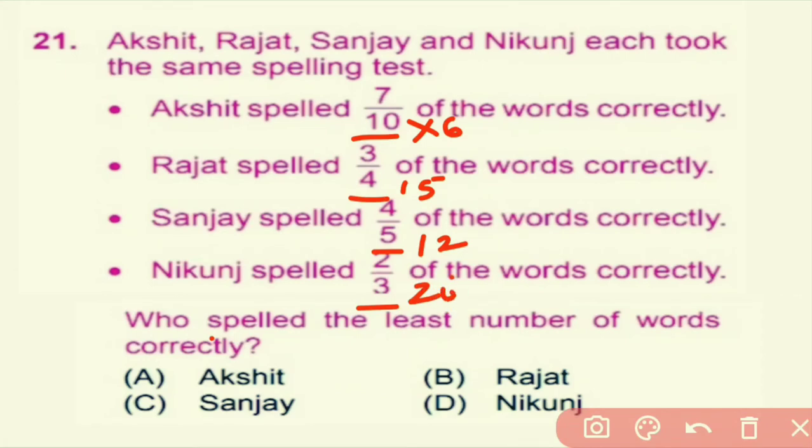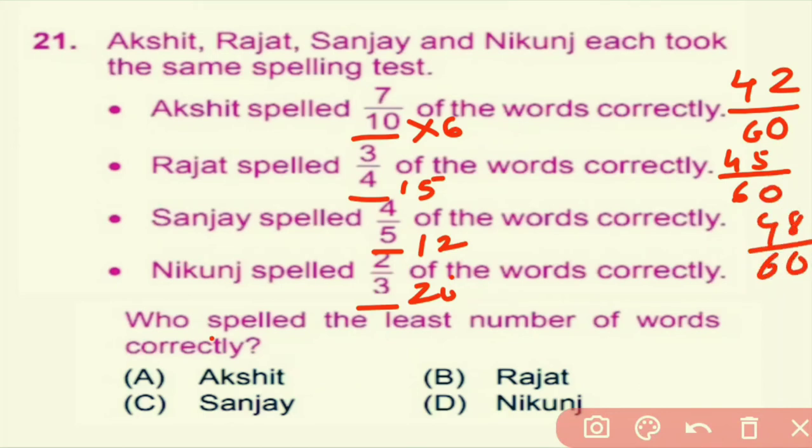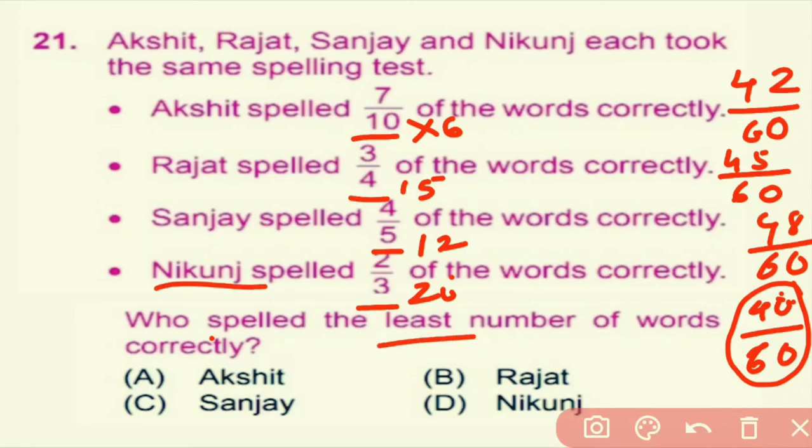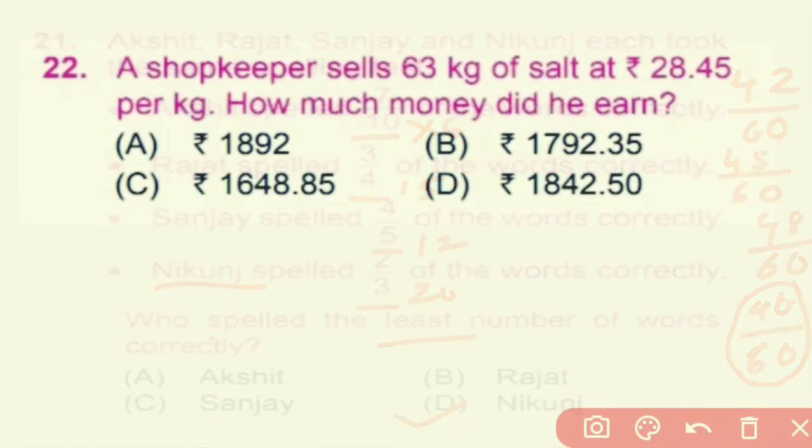So 7 into 6 is 42, then fraction will be 42 by 60, here 45 by 60, here 48 by 60 and here 40 by 60. So here 40 by 60 is smallest fraction. Means Nikunj spelled least number of words correctly. D is correct answer.